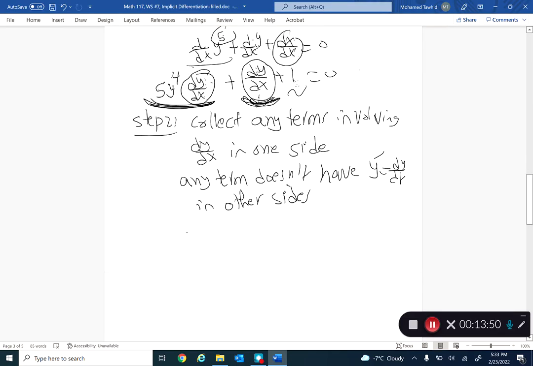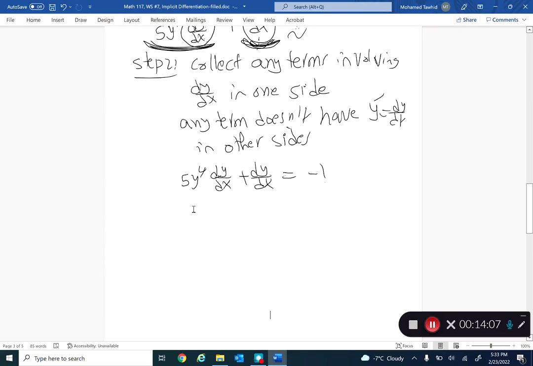So I'm going to leave 5 y to the power 4 dy by dx plus dy by dx on the left hand side, and on the right hand side, I'm going to take 1 to the other side. If I take 1 to the other side, you get -1, right? So that is step number 2. Step number 3 here, I make sure, as I said, one side has all the terms with dy by dx.